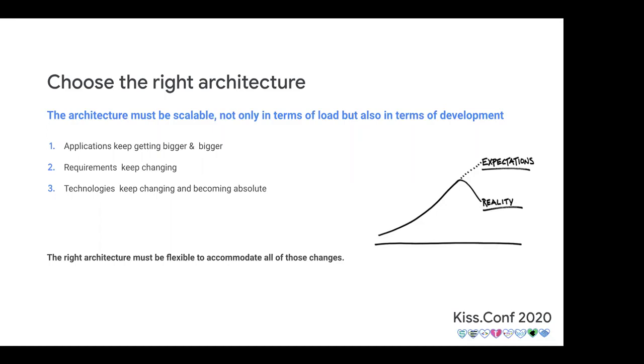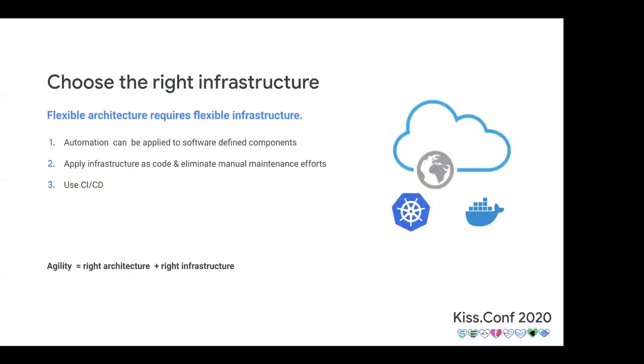After architecture, another thing that really matters is the infrastructure. If you don't have a DevOps pipeline, you will end up with a lot of maintenance work which requires people. If you are a small software company, you probably will not be able to afford to pay for these people. But fortunately, if you have the right architecture and the right infrastructure, we can automate all these things, which eliminates the need for hiring more people.